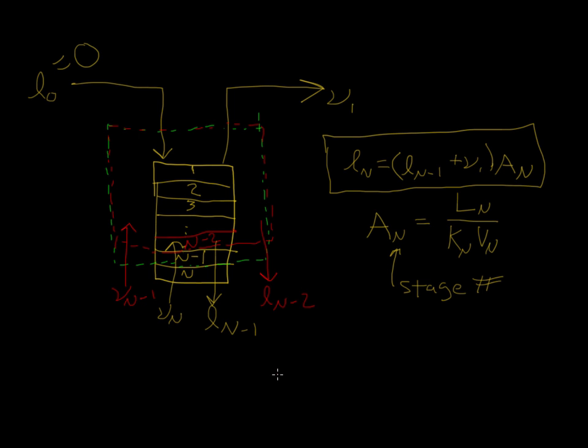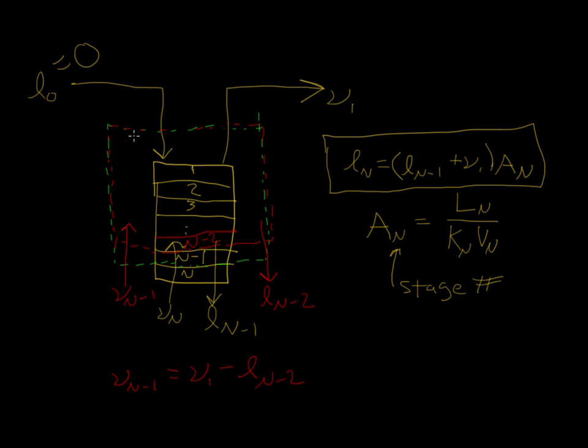All right, so you can do exactly the same thing that you did with the initial material balance. So since L naught is equal to 0, we know that V n-1 must be equal to V1 minus L n-2.